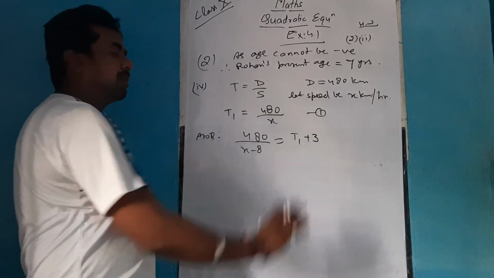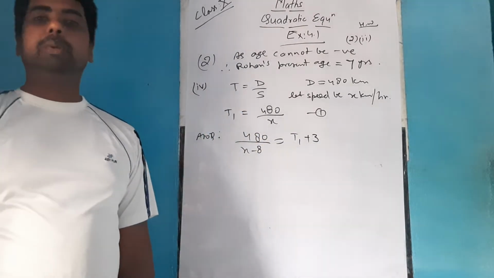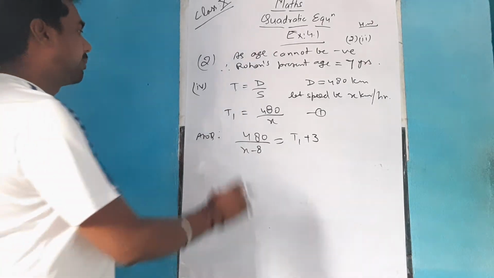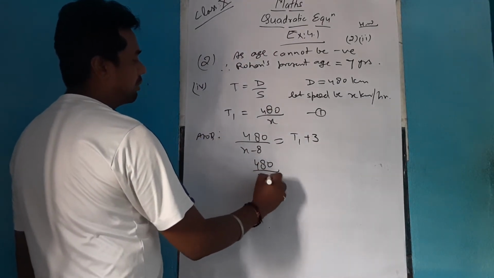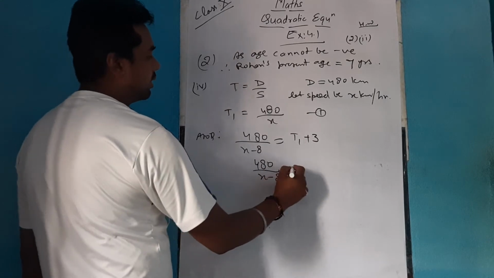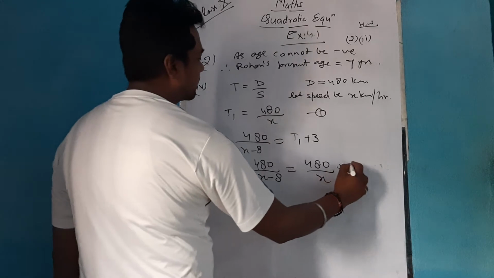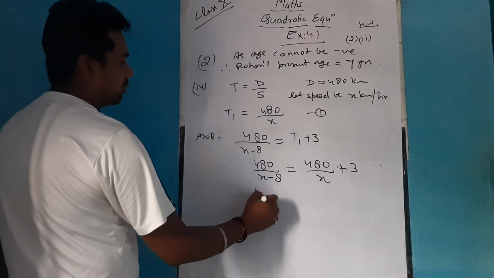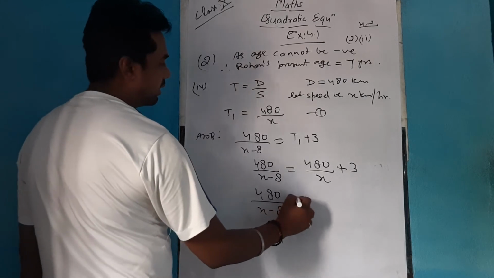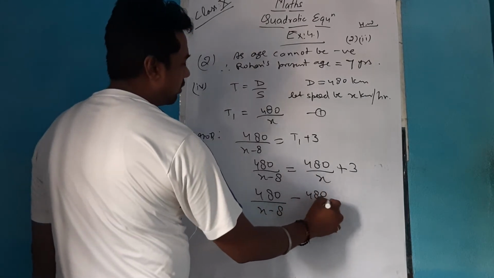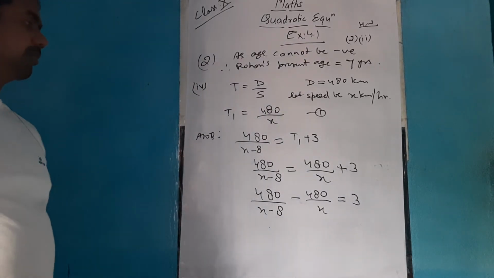So that becomes t1 plus 3, as t1 is the time taken in the previous case when the speed was x km per hour. Now we'll put the value of t1 here. So 480 by x minus 8 equals 480 by x plus 3. Putting all on one side, 480 by x minus 8 minus 480 by x equals 3.